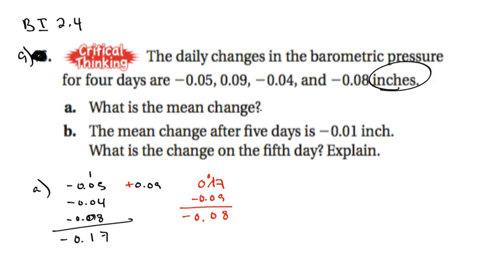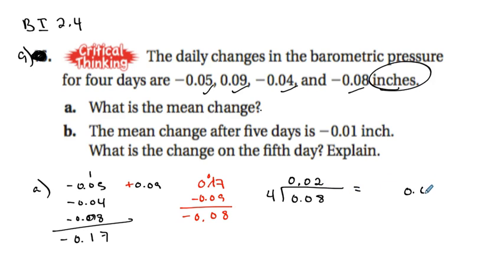So 0.08, and I have 1, 2, 3, 4 days that were recorded. So I'm going to divide all that by 4. So 0.08 divided by 4 goes into 0 times, goes into 0 times, goes into 8 twice.